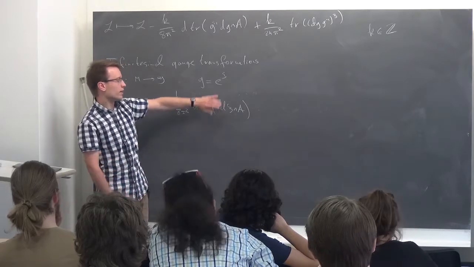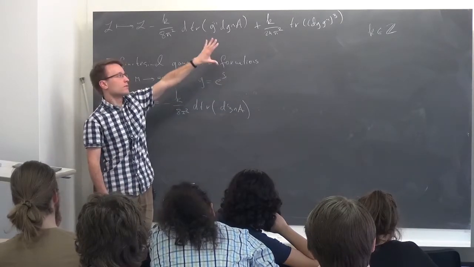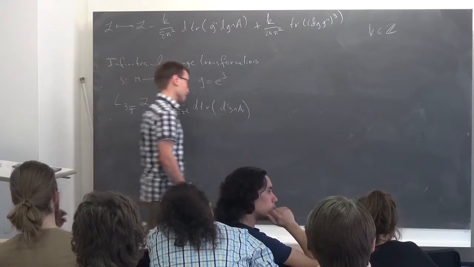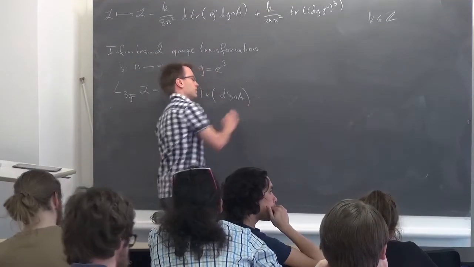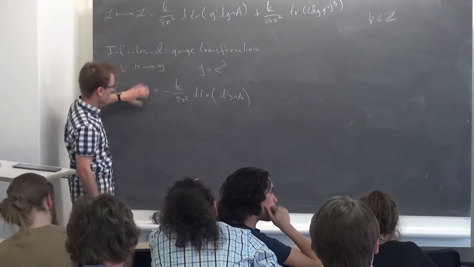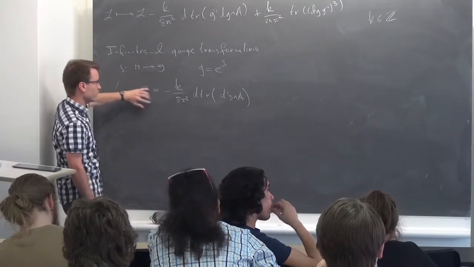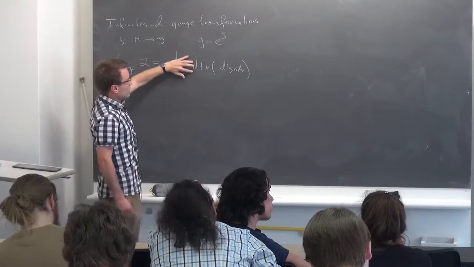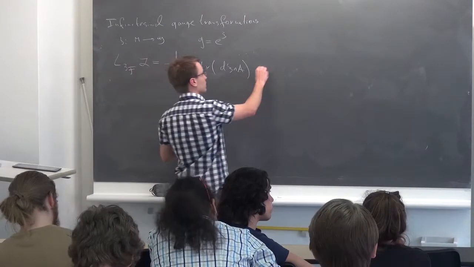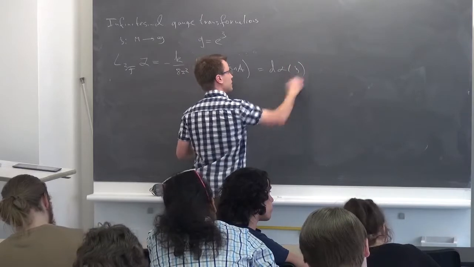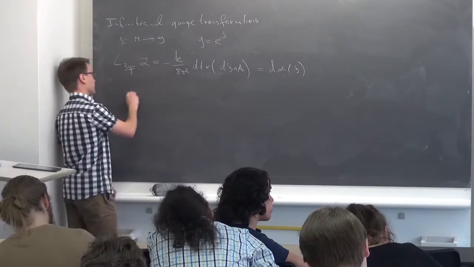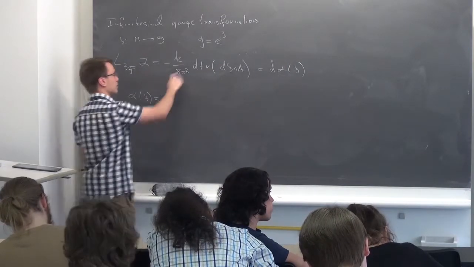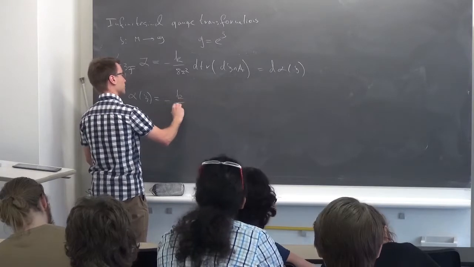And here I'm only looking at linear terms in xi, so that term dies. So the Lie derivative of xi acting on L is just that. And you see that this is something exact, so I'll just write this as d alpha of xi, where alpha of xi is this expression.